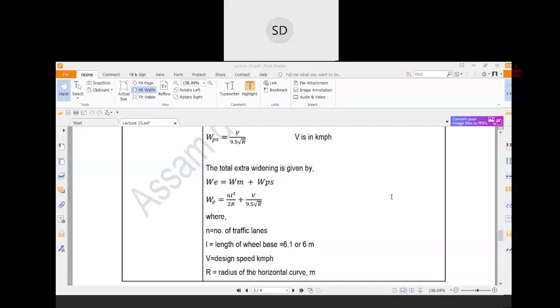Calculate the psychological widening required in a horizontal curve of radius 250 meter for a design speed of 70 kilometer per hour.